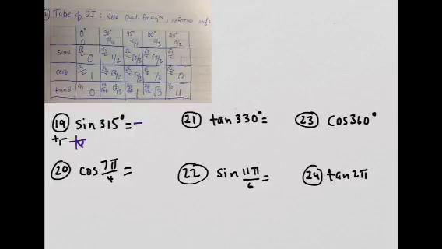And for sine, in this column, it'd be radical 2 over 2. 7 pi over 4 is the same angle as 315. So cosine is positive. And so again, I'm looking at the 45-degree angle for cosine, positive radical 2 over 2.